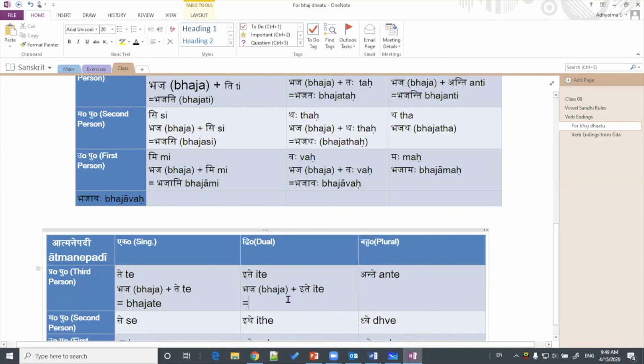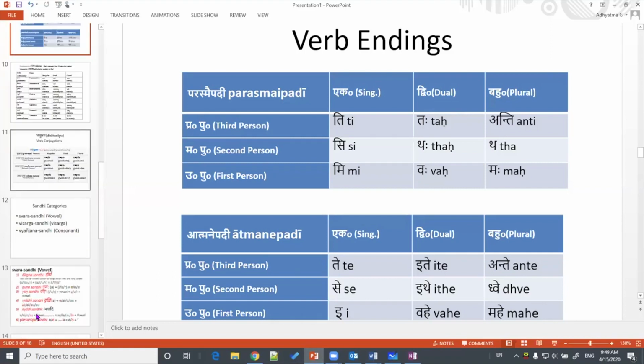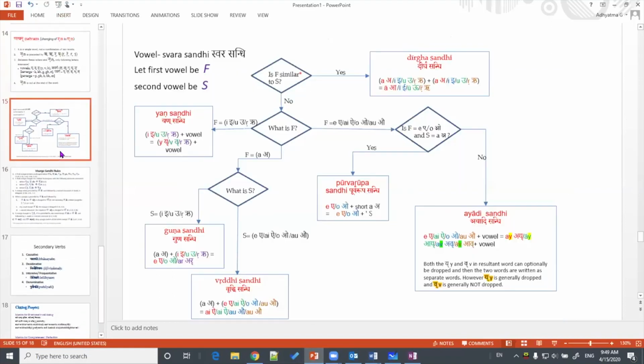We have already studied these sandhi rules. Akara plus ikara. And because Amit Baba put together this beautiful chart, we'll just look at it to see how useful it is. So you see that they are not similar vowels, and the first vowel is akara, and the second is ikara, ukara, or rukara. So it's a guna sandhi.